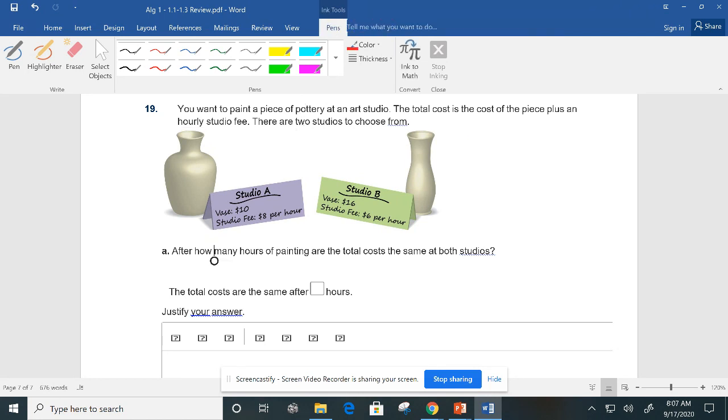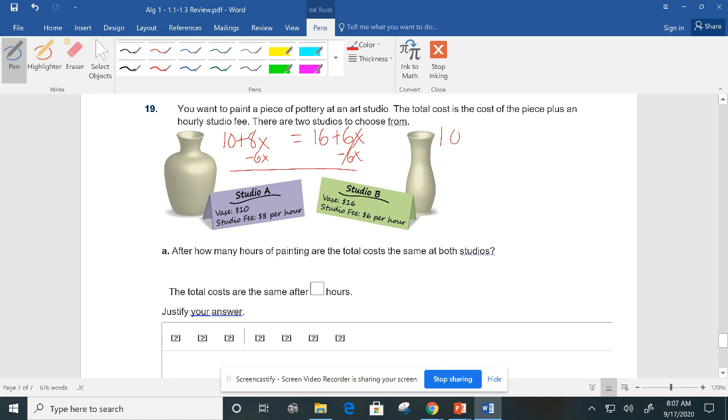So we want to create 2 equations here. Our first equation that we're going to create for studio A would be 10 plus 8x. $10 is your base fee, $8 per hour. And then that's going to be equal to, for studio B, 16 plus 6x. Just an equation with variables on both sides. Let's solve it. Collect the variables on the left.